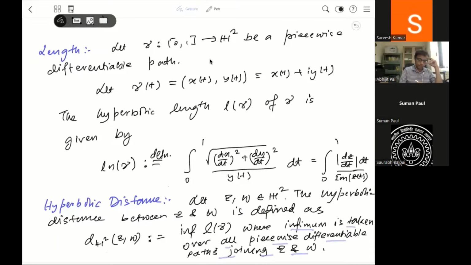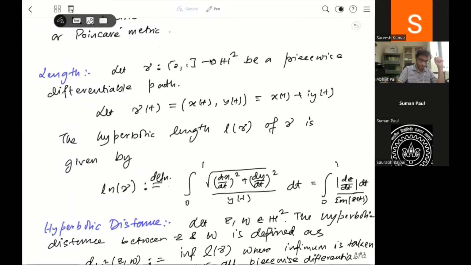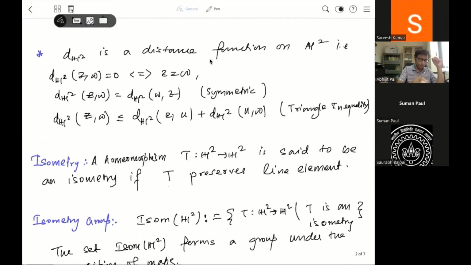You can check that indeed it is a distance function, a metric on this upper half plane.